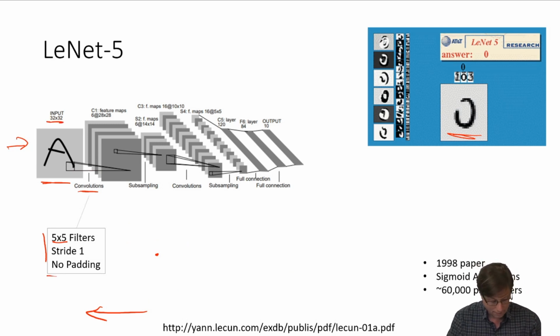When you run a convolution layer with these parameters, you end up with a 28 by 28 activation image. Go from 32 by 32, you cut off 2 pixels all around the tops and the bottoms, and you have this smaller activation window.